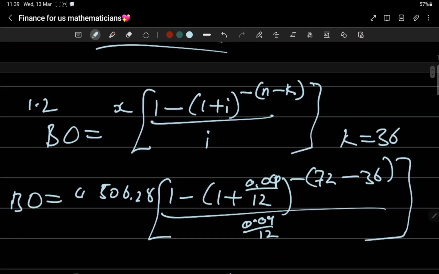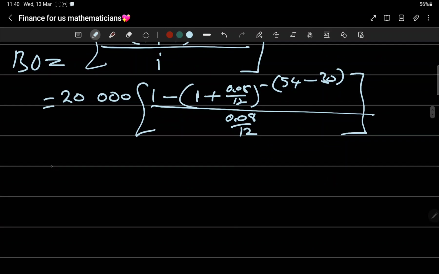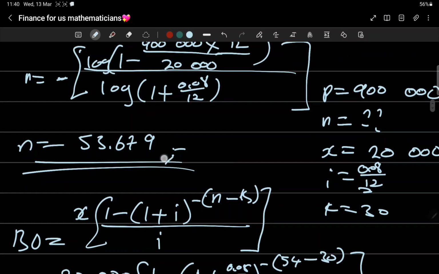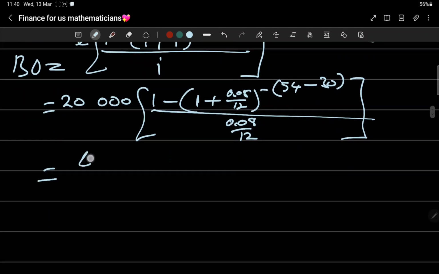Then 20,000 times open bracket 1 minus 1 plus 0.08 over 12 to the negative, answer minus 30, close, over 0.08 over 12, and you get 436,756.04.